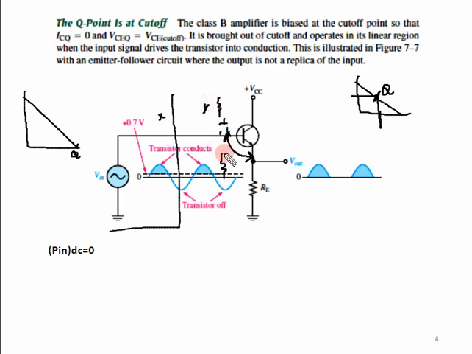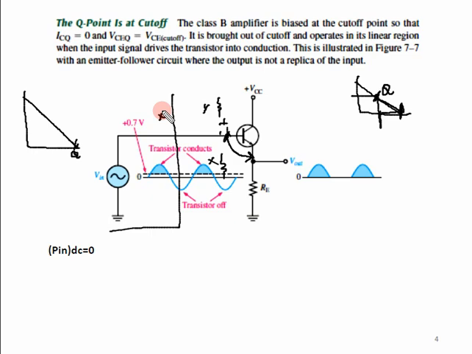It means there is no pre-biasing, so the Q point is shifted towards the cutoff region. The amplifier is in the cutoff region, so the amplifier is not conducting. This is the major difference of the Q point between the two.